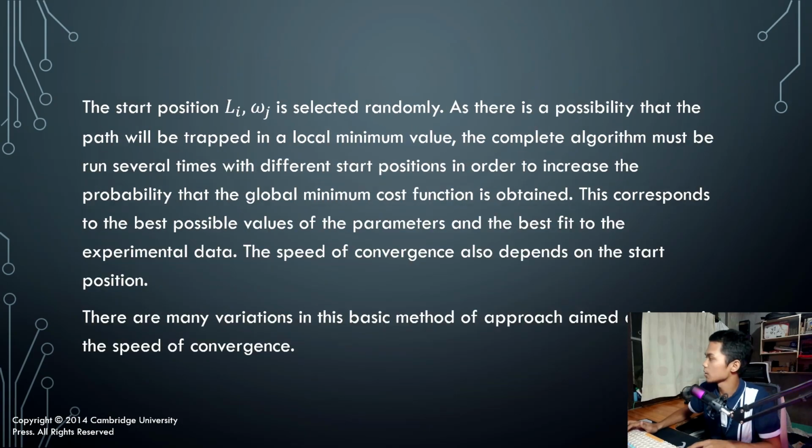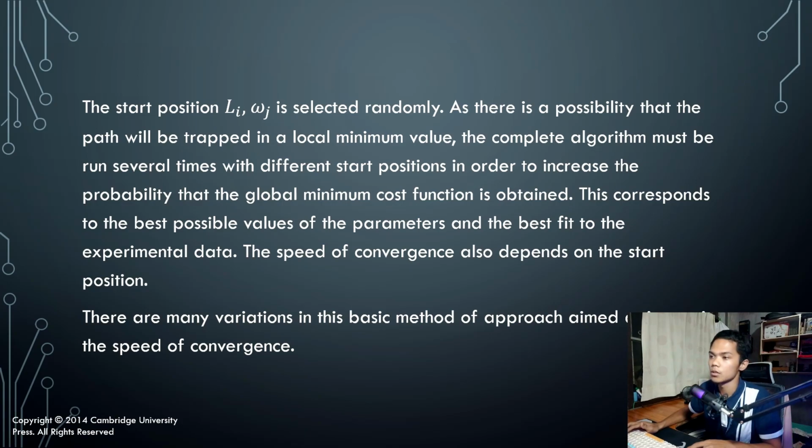The start position of L sub i and omega sub j is selected randomly, as there is a possibility that the path will be trapped in a local minimum value. The complete algorithm must be run several times with different start positions in order to increase the probability that the global minimum cost function is obtained.